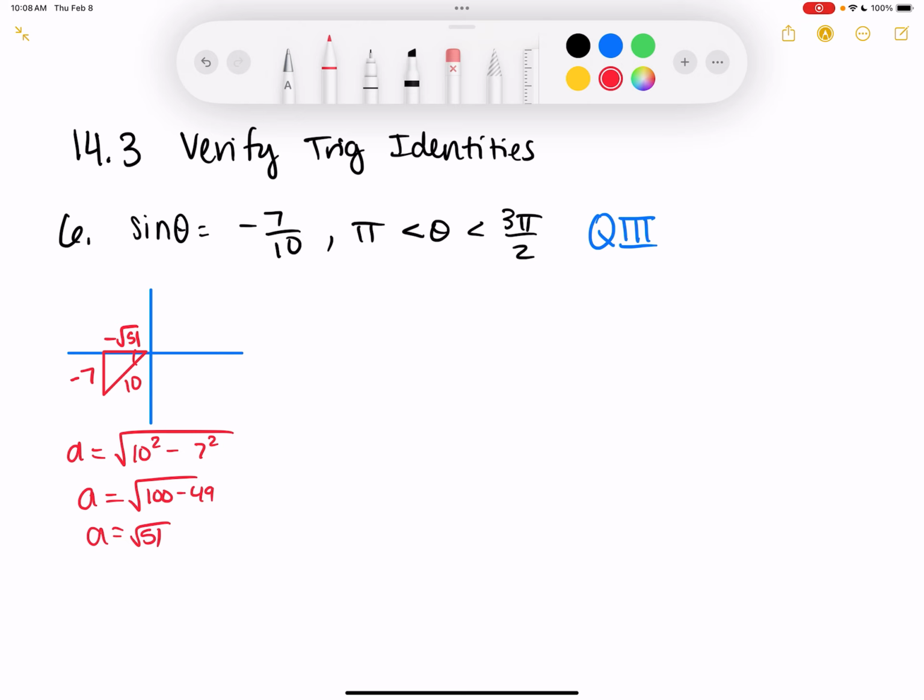And then I'm just finding all 6 trig functions of theta. So sine of theta was given to me. So what would cosine of theta be?